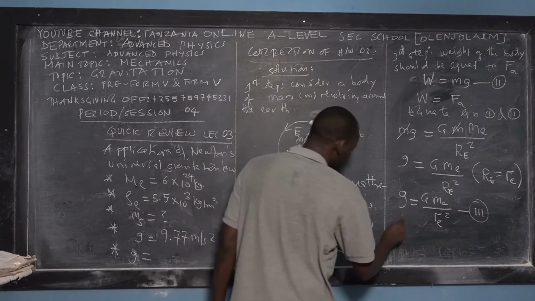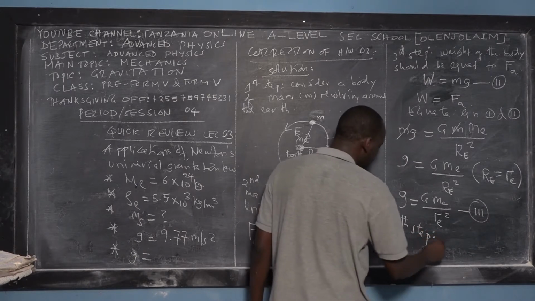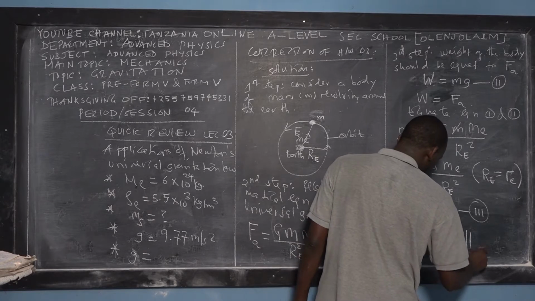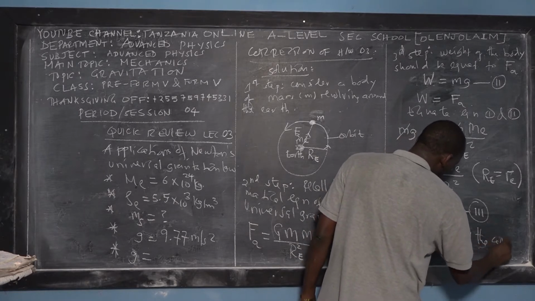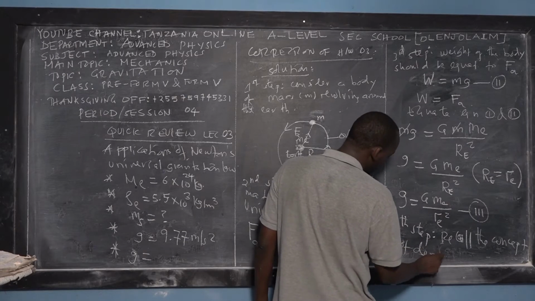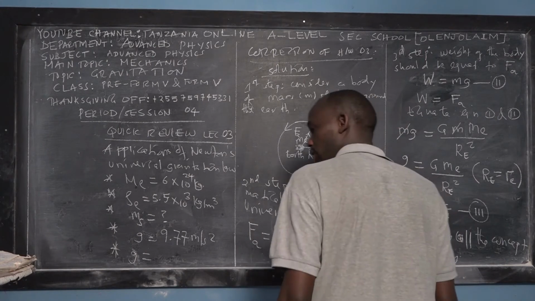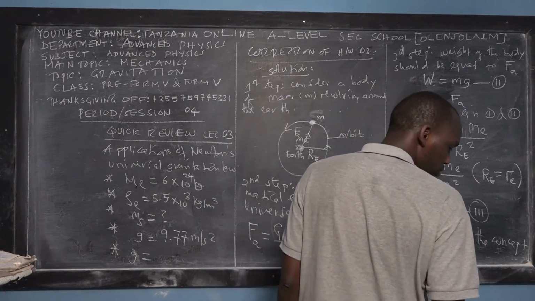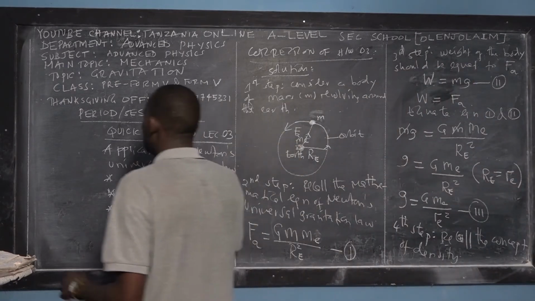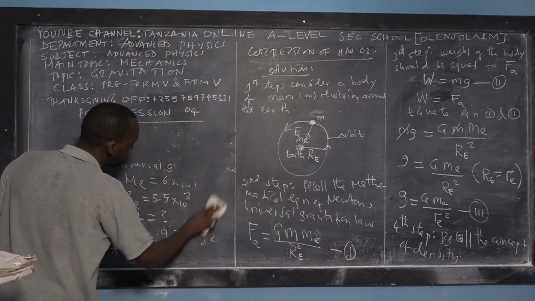Again, we go for the fourth step. In the fourth step, we recall the concept of density in Form 1. So you have learned about the density of a body, and we told you that the density of a body is equal to mass over volume of the body.